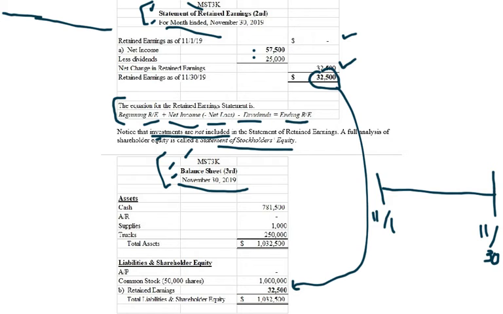When you get to the balance sheet, all you're doing there is reporting what's true at a single point in time. So in other words, all we care about here is, right, here's our point in time, what was the balance of your assets, liabilities, and shareholder equity on that specific date, on November 30th. It's not telling you what was true the day before or necessarily what will be true the day after.